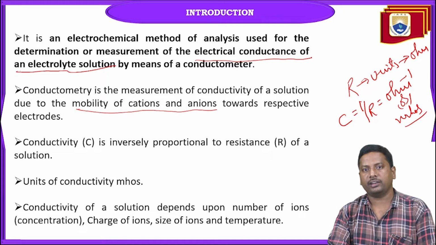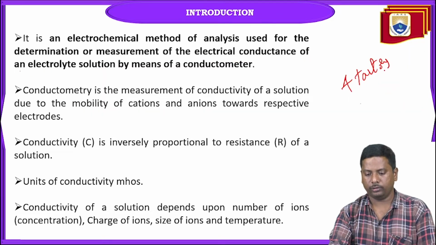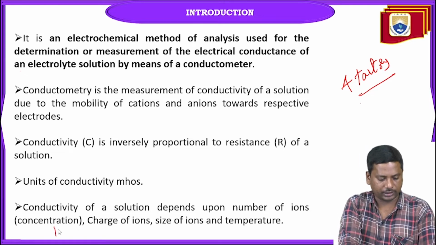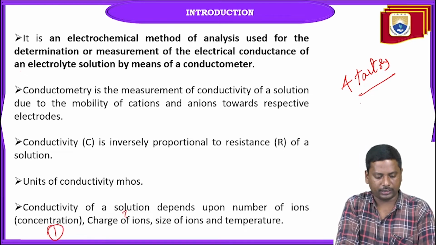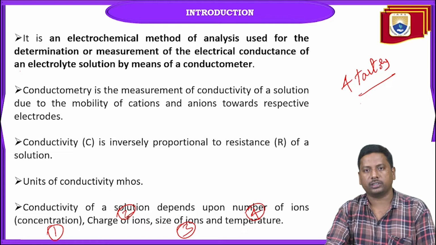The conductivity of a solution mainly depends upon four factors. The four important factors are: first, the concentration of the solution; second, the charge of the ions; third, the size of the ions; and fourth, the temperature of the solution. The first one, concentration of a solution. Whenever the concentration of a solution increases, the conductivity also increases.